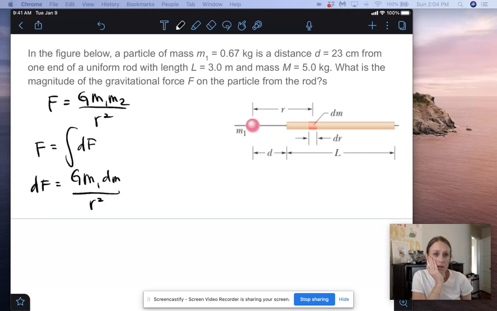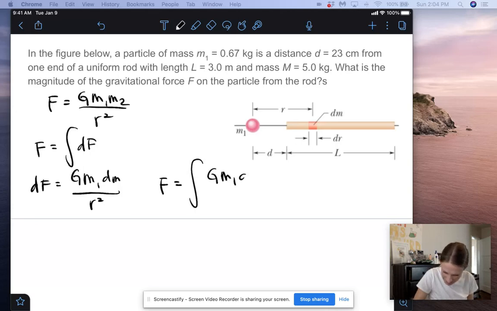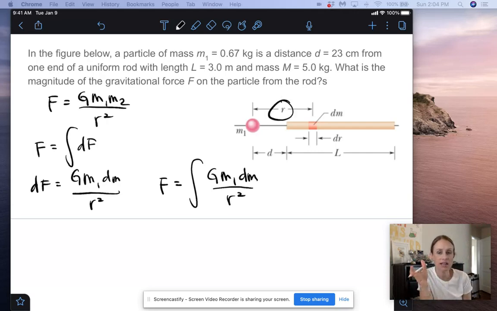When we insert this into our integral equation, we get force is equal to the integral of G m1 dm over r squared. Now this r distance is the thing that's changing.